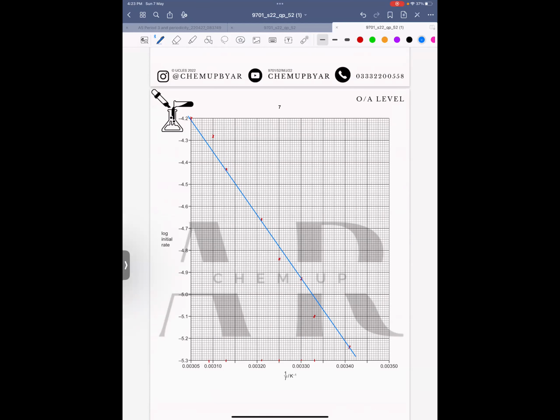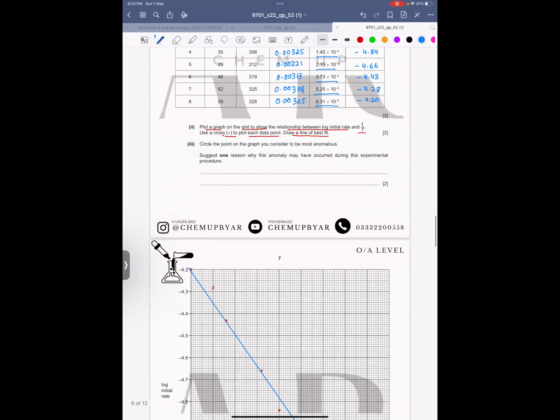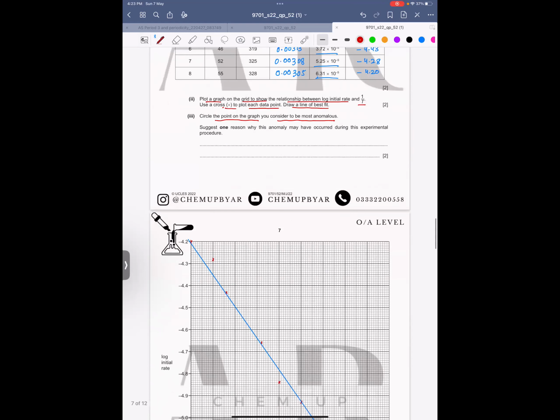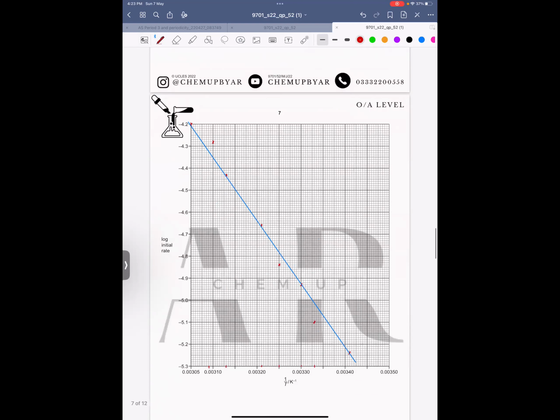Okay. Now what they are saying, circle the point on the graph you consider to be most anomalous. There are 3 anomalous points, but the most anomalous would be this one, right? This one is the most anomalous point.